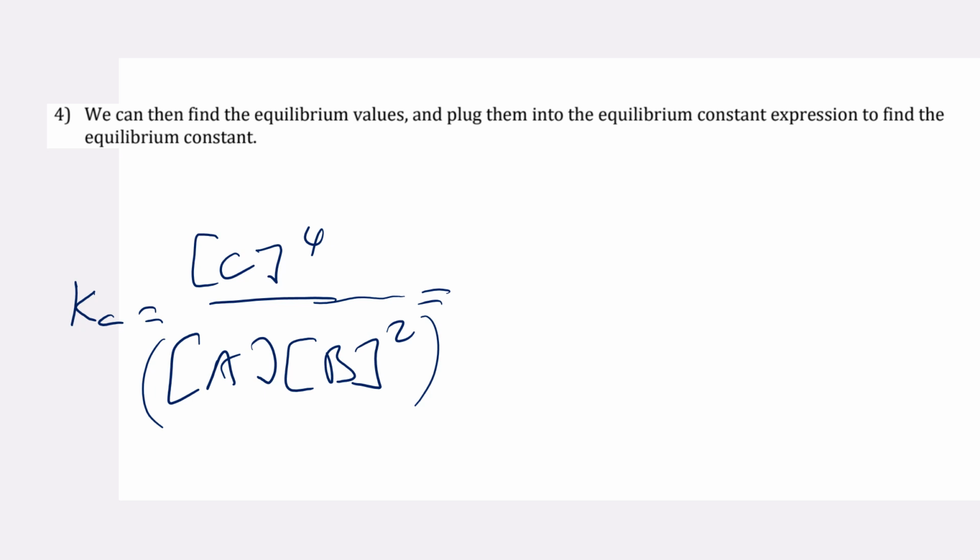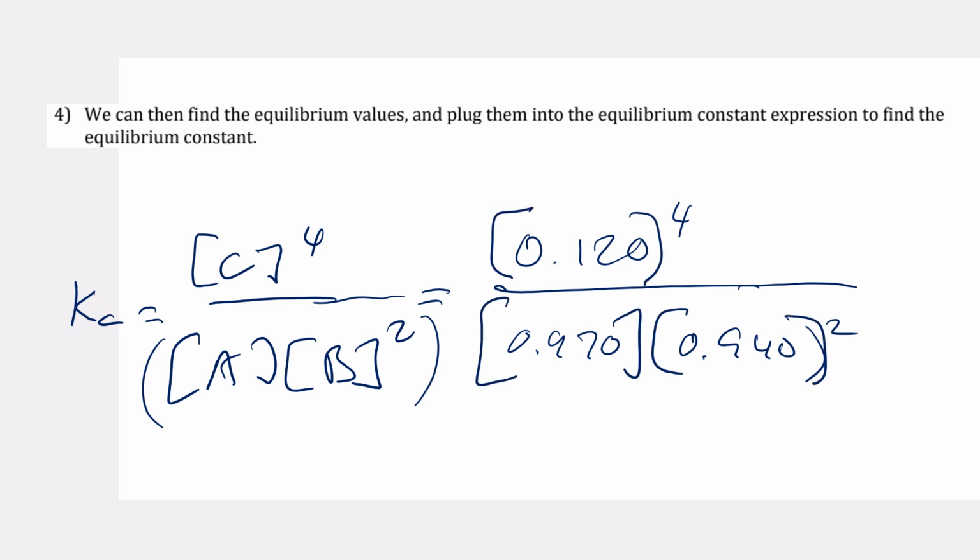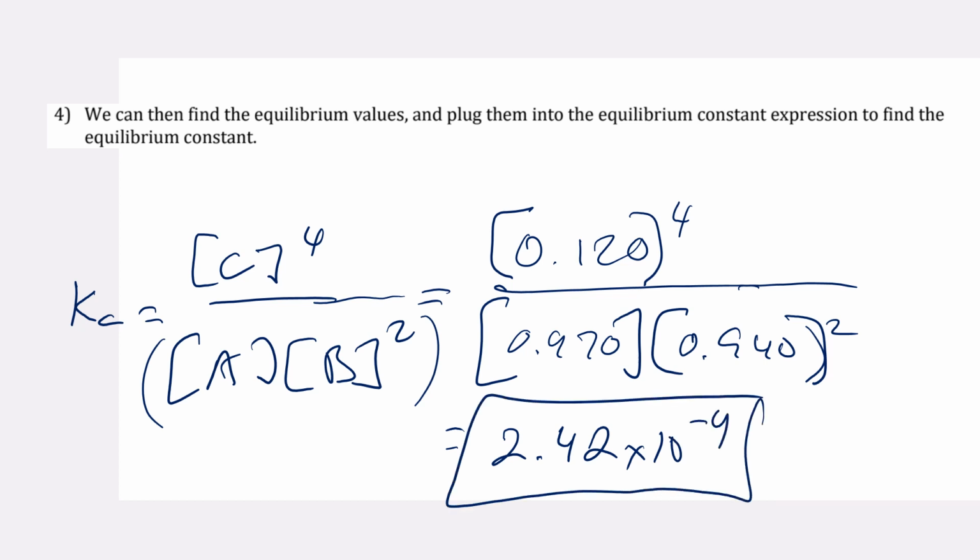So I'm going to do 0.120 to the fourth all over 0.970 times 0.940 squared. I'm actually going to make these all brackets because they're all concentrations technically. This is going to equal 2.42 times 10 to the negative 4. That's it. When I do the math, that's what I should get.